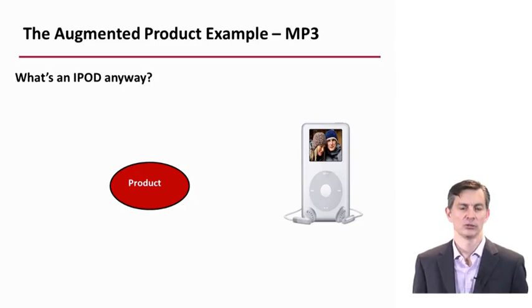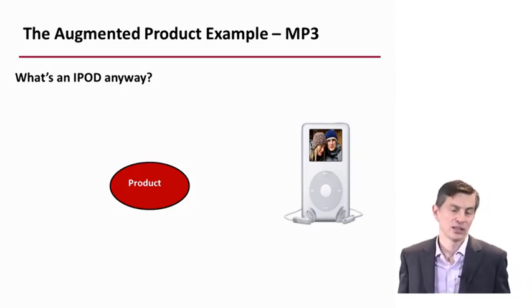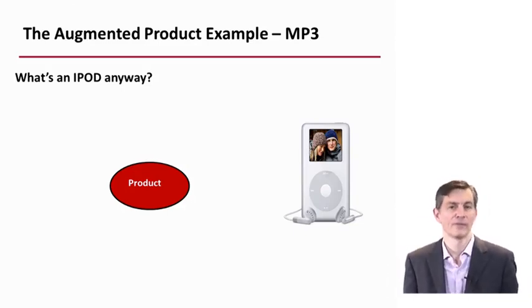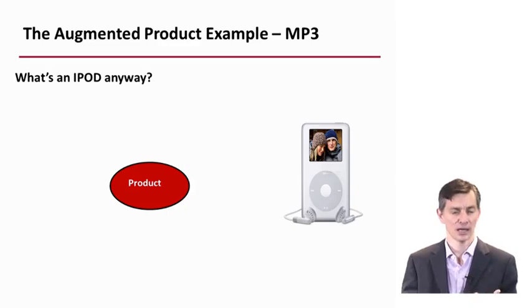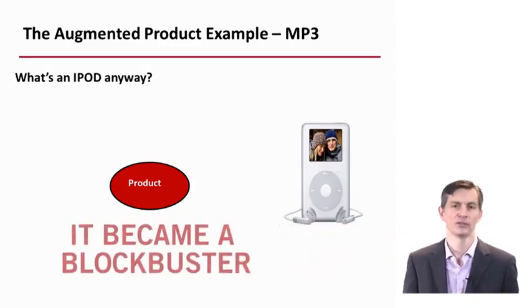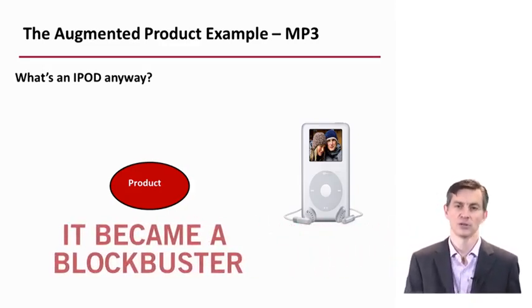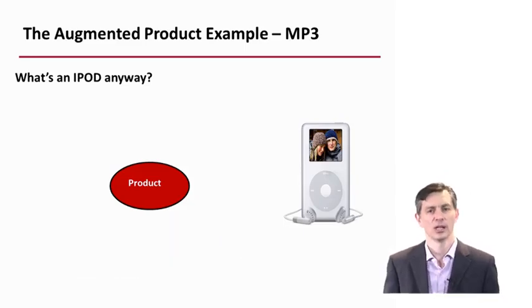Okay? So you might say, okay, this product might have very little chance of actually becoming a blockbuster in the market. But how did they go about doing it? Because actually the iPod became the first blockbuster product since Steve Jobs came back into Apple Corporation. In fact, how did it go about surpassing all the other Japanese, Sony, Panasonic, and all the other brands of more established MP3 players in the market?